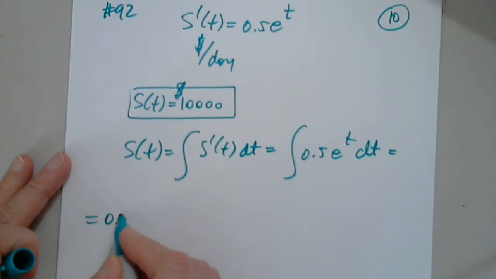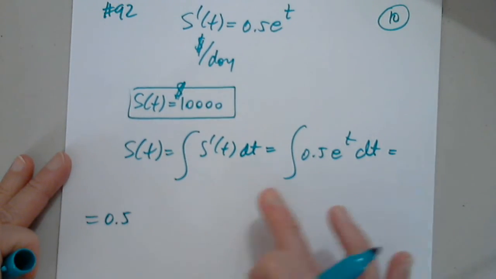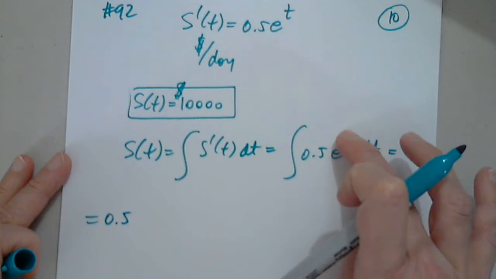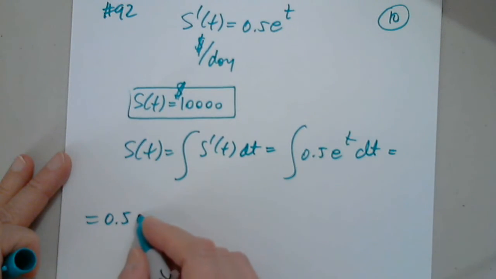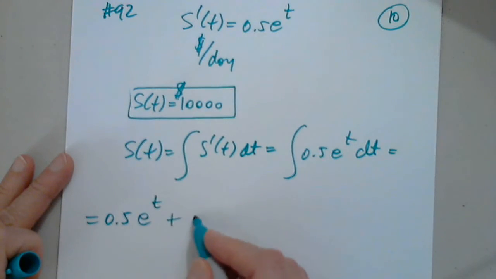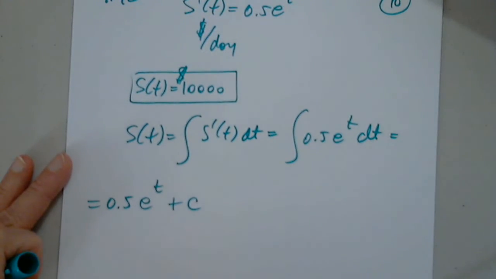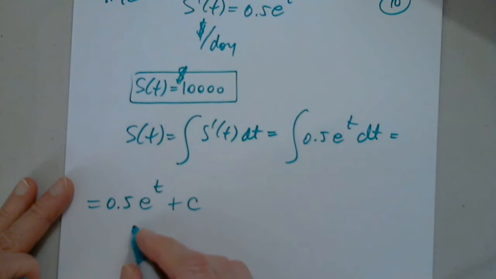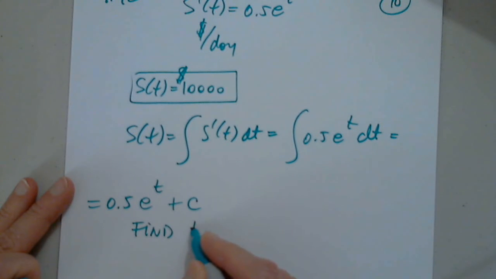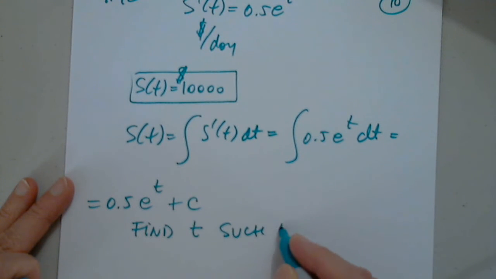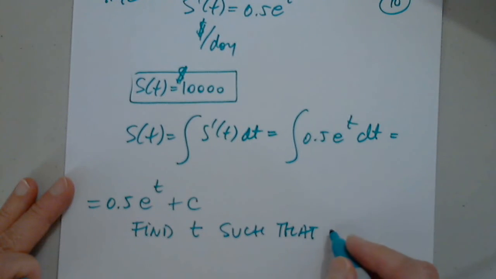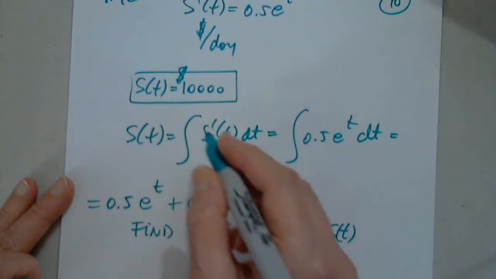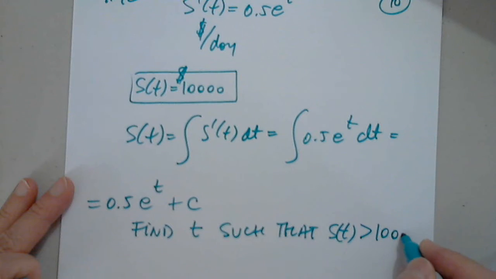Constant in front, and which function has derivative e to the t? It's the nicest function of all, e to the t, plus a constant C. So now the question is, find t such that S of t is greater than 10,000.